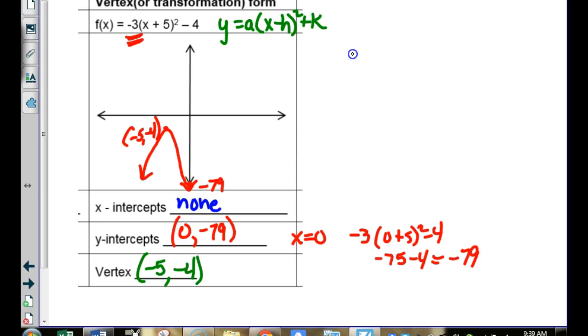This is when you put in y equals 0, right? How would you solve that using your algebra brain? Add the 4, do not distribute. And distribute.